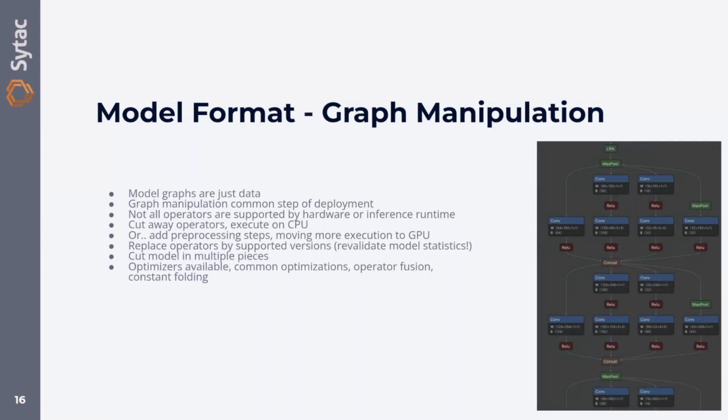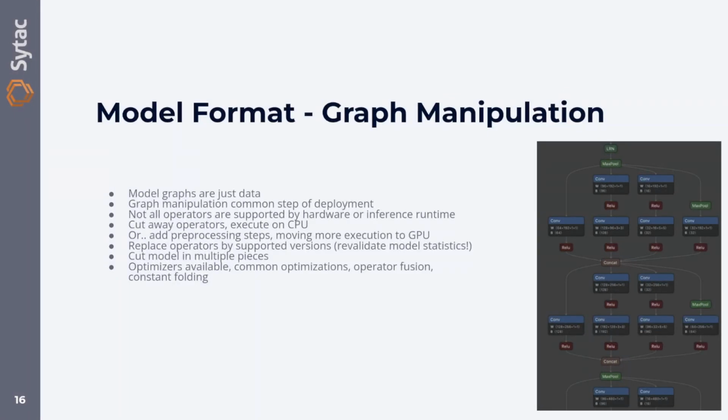So I just replaced it with a different operator, a manual implementation that worked. If you do stuff like that, remember to revalidate your model. If you change the model, even in very small ways, revalidate it, because small changes can sometimes have unexpected consequences. You can also cut it in multiple pieces.